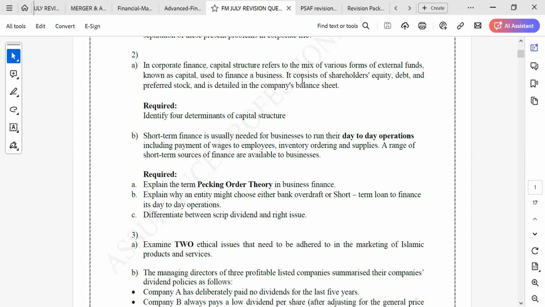Senior, I think the question says long-term loan and not short-term finance. But short-term loan to finance, and bank overdrafts, are they the same?